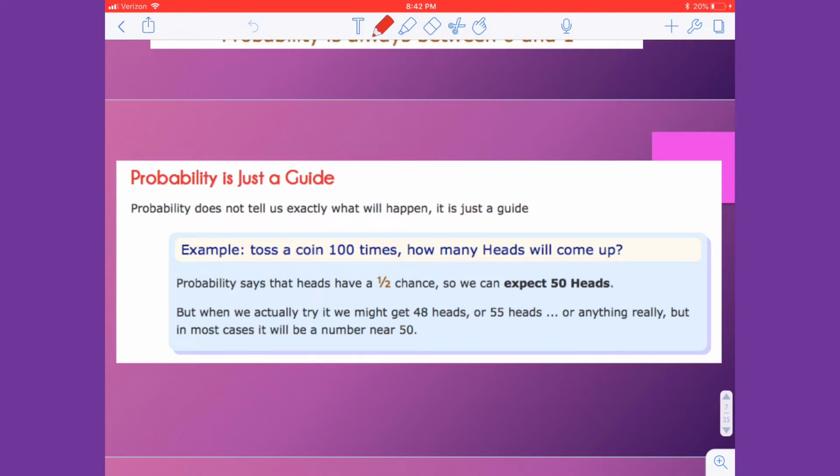But when we actually try it, we might end up getting like 48 heads or 55 heads or anything really, but in most cases, it's going to be around 50, and that's called your experimental probability. So as you actually perform an experiment in real life, life is going to happen. Life doesn't always work on a formula, and you're not going to get perfect values all the time, and that's okay. But theoretically, by the aspect of what probability is, we have about a half a chance of getting a heads.